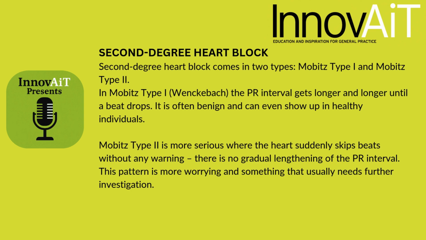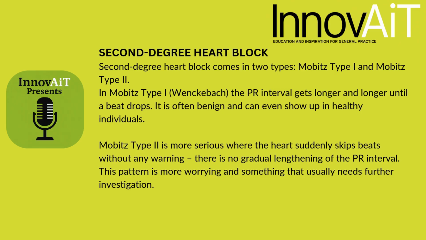Now, onto second degree heart block, which comes in two types: Mobitz type 1 and Mobitz type 2. In Mobitz type 1, also known as Wenckebach, the PR interval gets longer and longer until a beat drops. It might be benign and can even show up in healthy individuals, but again, put it in the patient context.